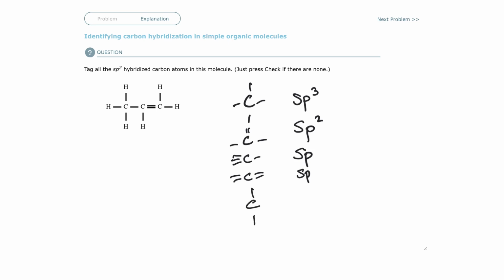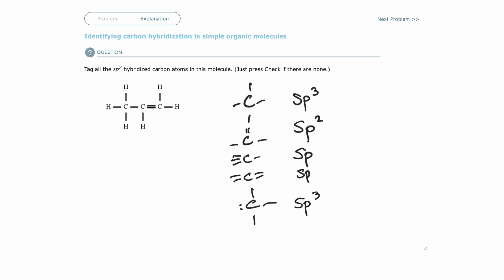If you were to ever have something like this, kind of like the first one, but I have a lone pair, well, that lone pair is still a group. It's exactly like this group. Just because there's not a bond there doesn't mean there's not an electron group there. So this would be the same, which means that it's an sp3.